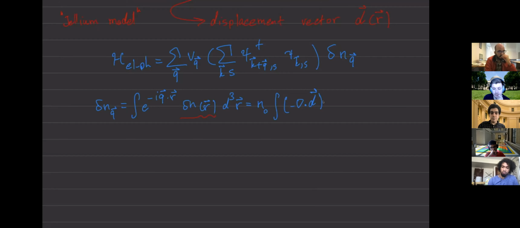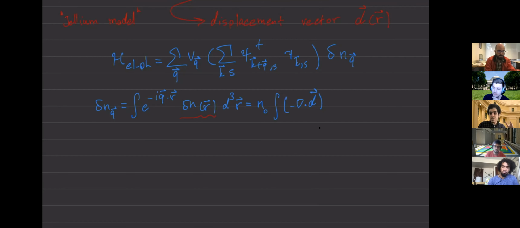Therefore, positive divergence with this negative sign will give you a delta n. What we miss here, obviously, is any shear modes. If we have any shear modes and we cannot describe them, obviously, we will not get anything here.